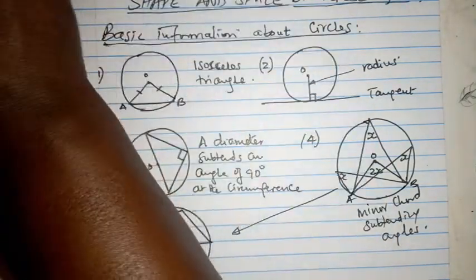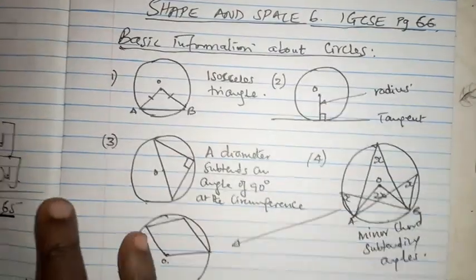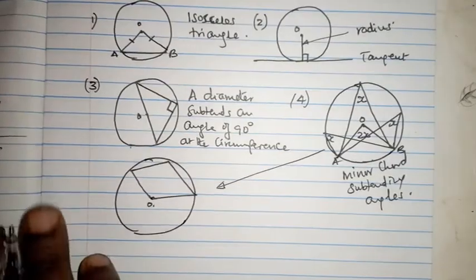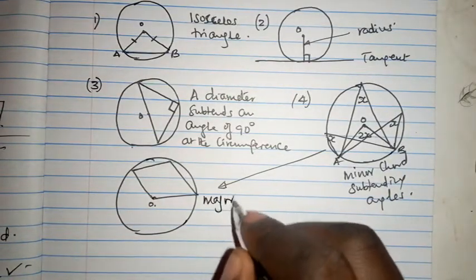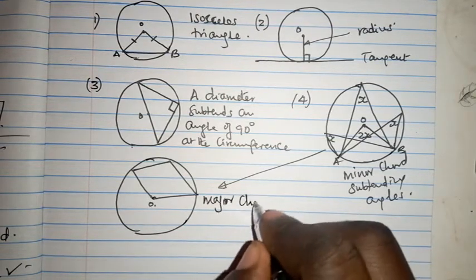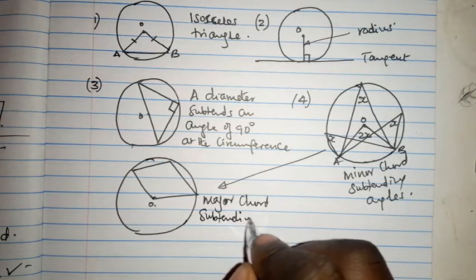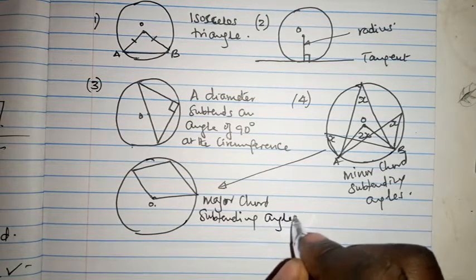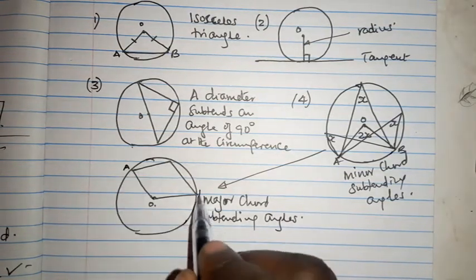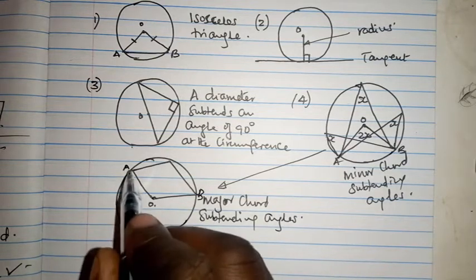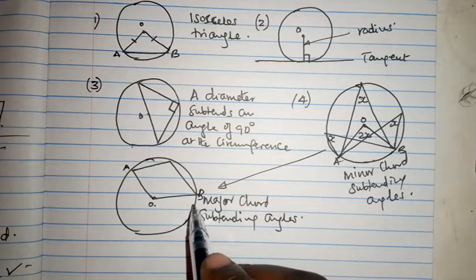Now, at this particular point, I want to explain what happens when you are dealing with a major chord. When you're dealing with a major chord, let's see. This is the major chord subtending angles. Probably if you talk about the major chord AB, this chord now is the major one because it is of course more than half of the perimeter.